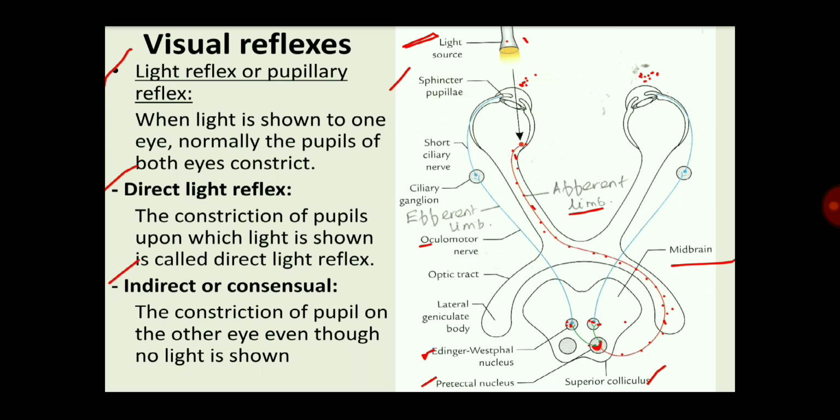Now the Edinger-Westphal nucleus of both sides, via the oculomotor nerve, the efferent fibers relay on the ciliary ganglion. So the oculomotor nerve is preganglionic for the ciliary ganglion. Now from the ciliary ganglion via the short ciliary nerve, it supplies the sphincter pupillae, which causes constriction of the pupil, along with the ciliaris muscle.